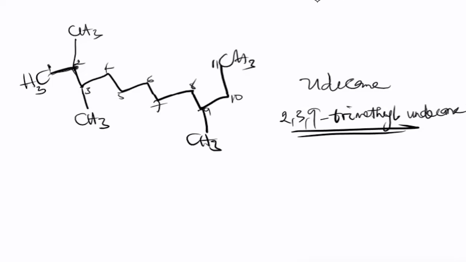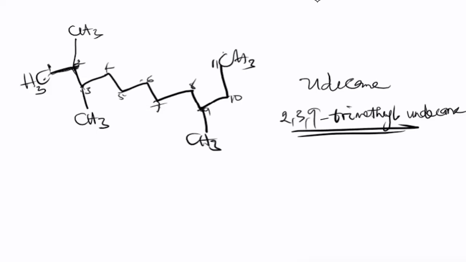This is very much interesting. But if I had named from this point, if I had named 1, 2, 3, 4, 5, 6, 7, 8, 9, 10, 11, this would have been 3, 9, 10 trimethylundecane, which is wrong.